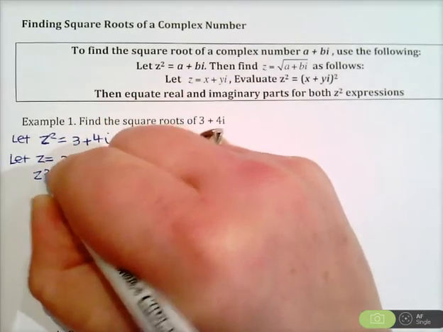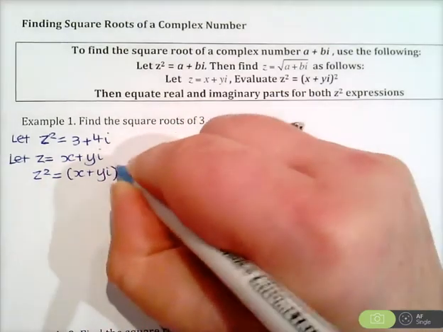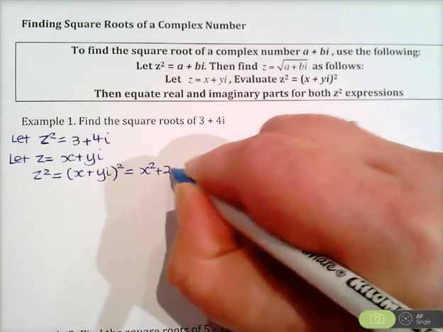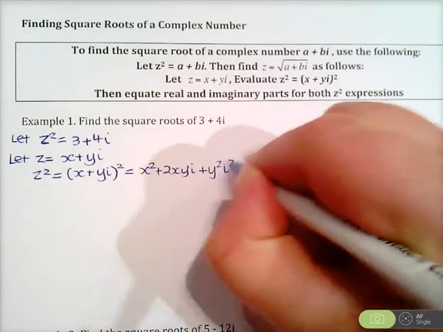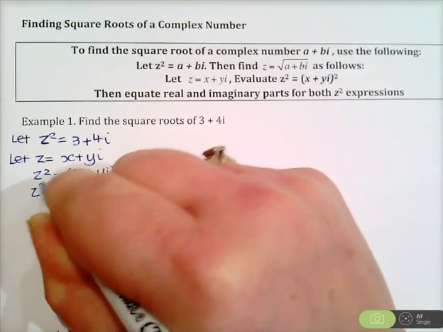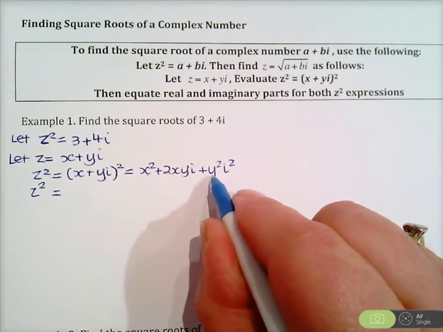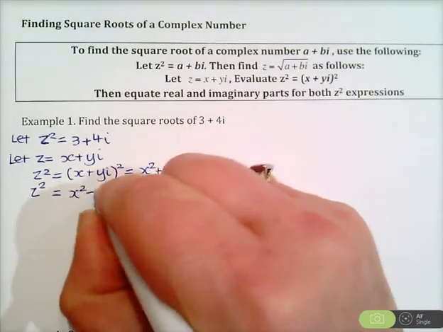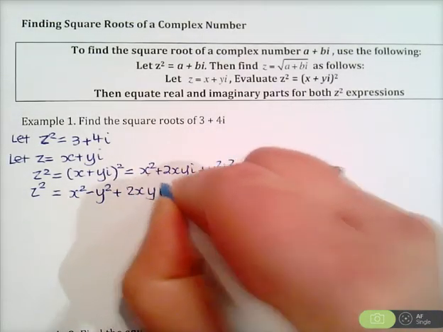And so therefore z squared is x plus yi squared, which happens to be x squared plus 2xyi plus y squared i squared. In other words, z squared is equal to x squared plus y squared times -1, so it will be x squared minus y squared plus 2xyi.